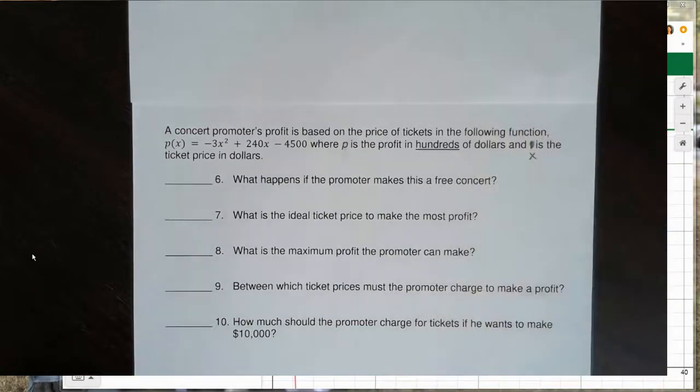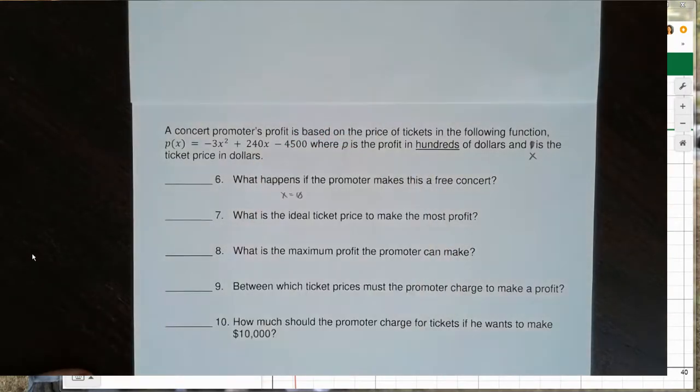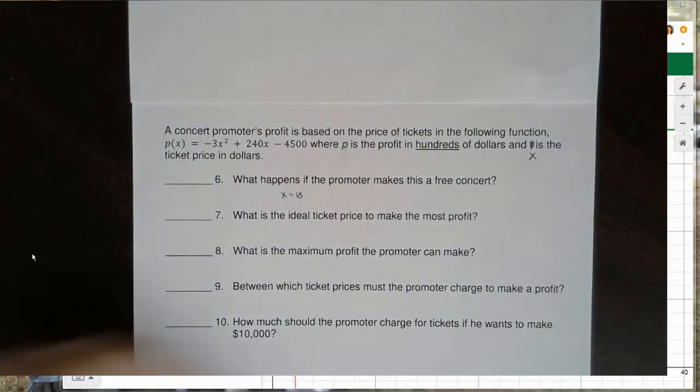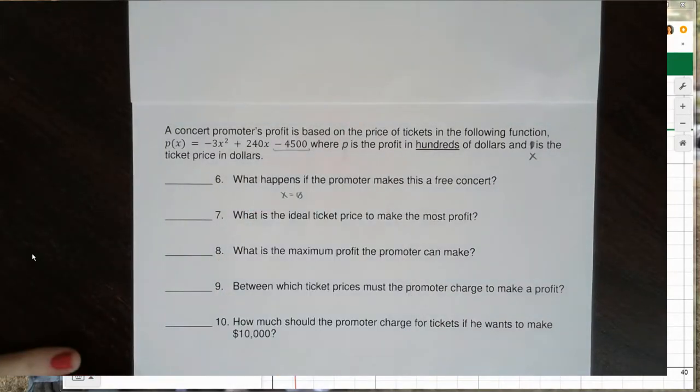This is where I should have X. So if he makes it free, that means my X value is 0. So I'm looking for my y-intercept. Well, I don't have to go to my graph to look at my y-intercept because it's this value right here at the end.